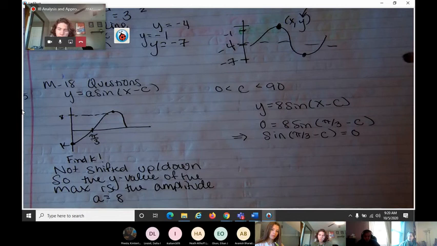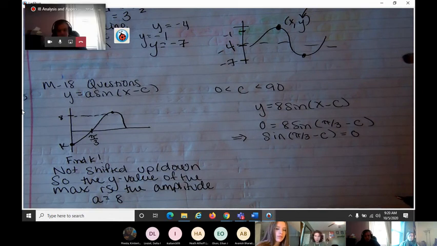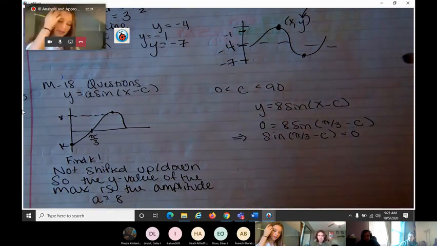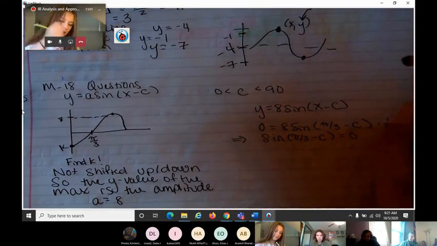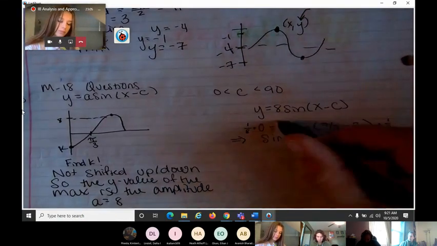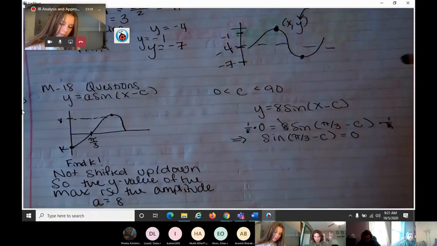Questions about going from here to there? Wait, could you repeat that? Yeah, so I just divided both sides by 8 to try to isolate the sine value as much as possible. So these cancel, and 1/8 times 0 is 0.